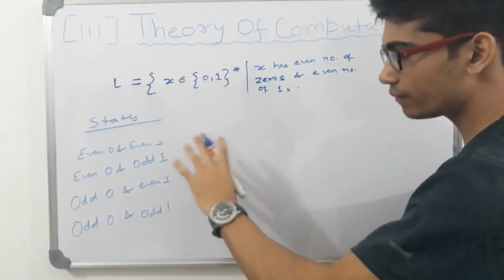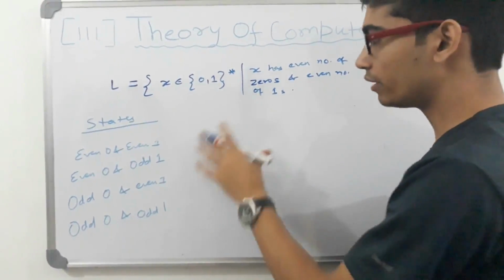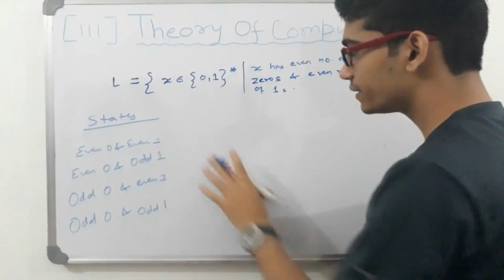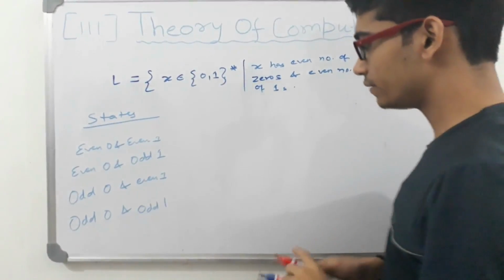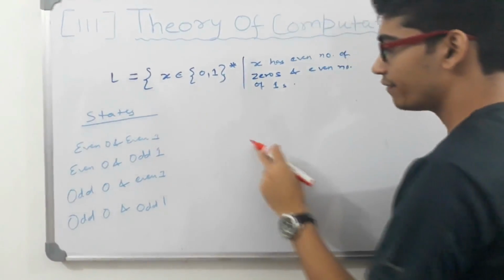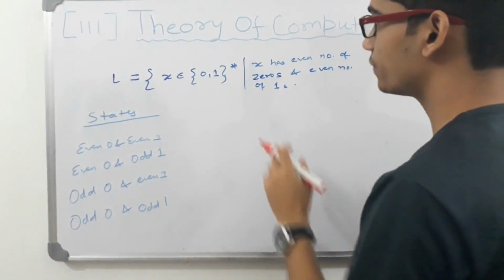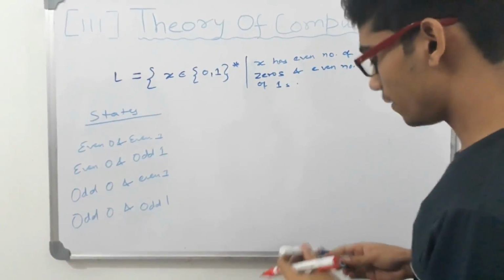So we got that these are the 4 possible states. We will create a model, and that is what we formally call a DFA. Here we are forming a deterministic finite automaton. Let us see how we'll do it.